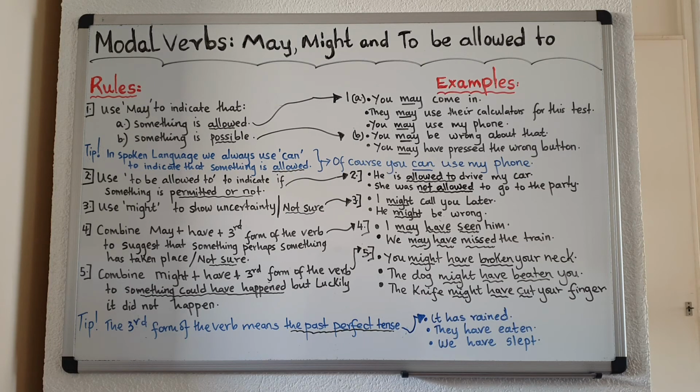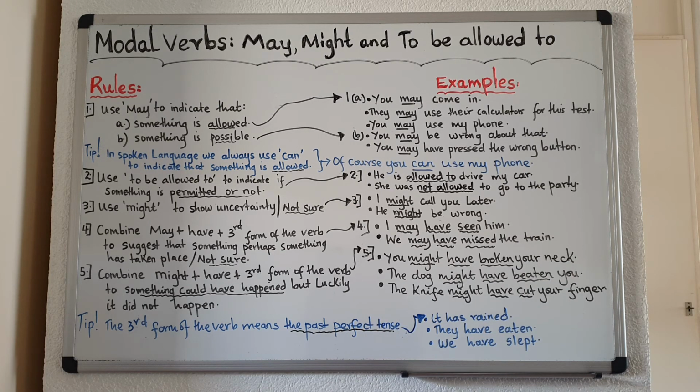Look at the last tip, the last tip at the bottom of the board. Right at the bottom, the one in blue. It says, the third form of the verb means the past perfect tense.